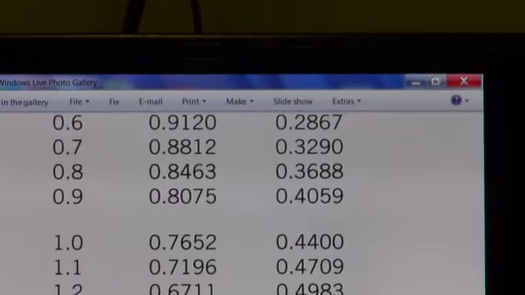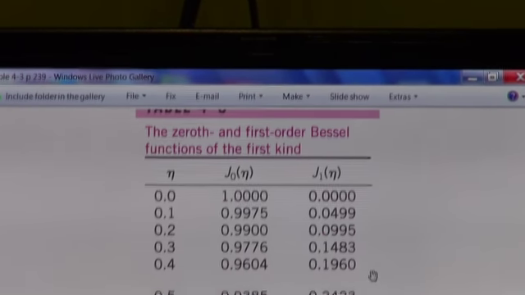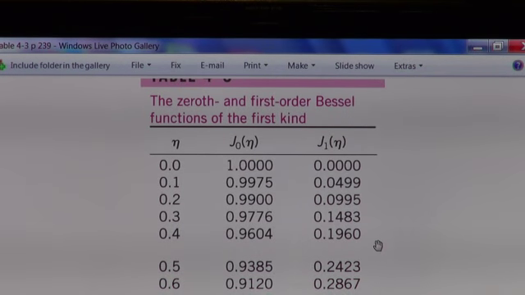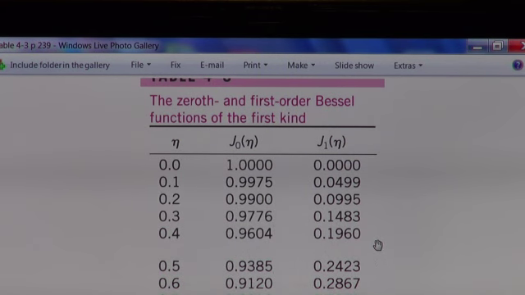Table 4.3. In table 4.3, we need J0 at 0. Now, many students are confused by eta. What is eta? Where does it come from?